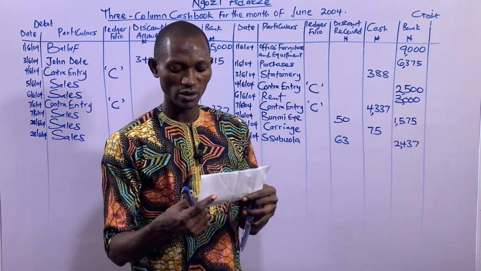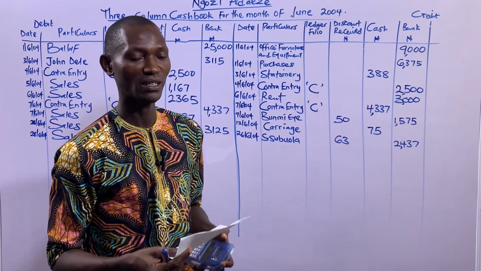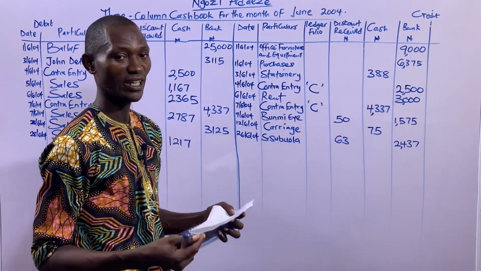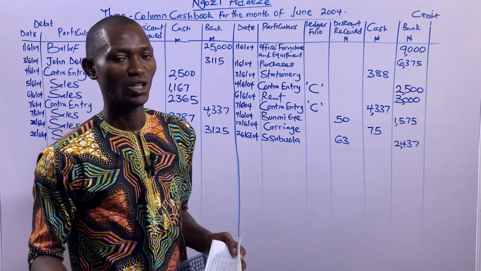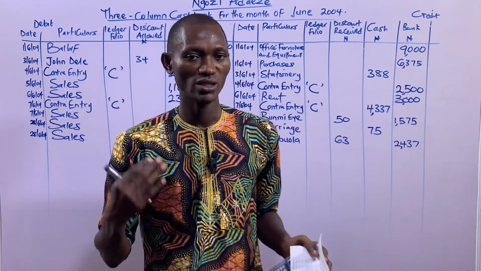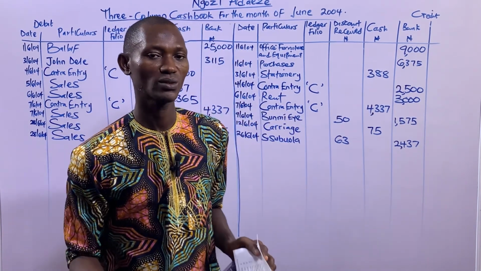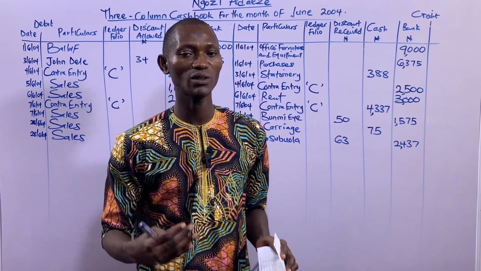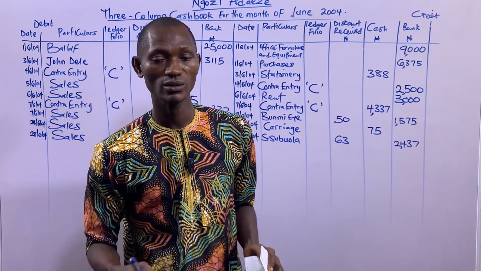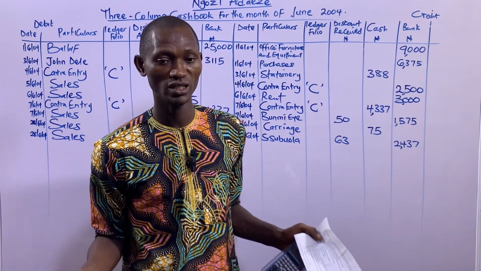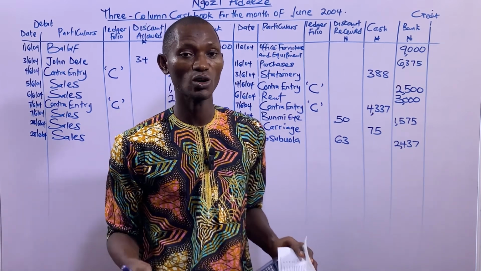Due check for personal use. That's 875. So that's a check for personal use. That personal use is not a contra entry, it is called drawings. Drawings is when the owner of the business takes money or stock, that's maybe inventory, for his own personal use or consumption.